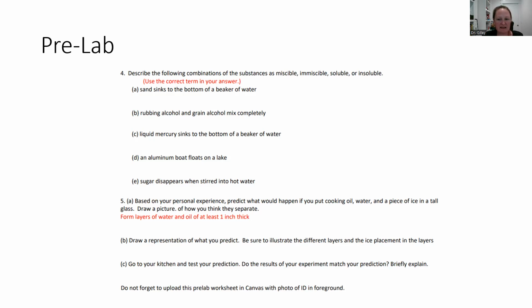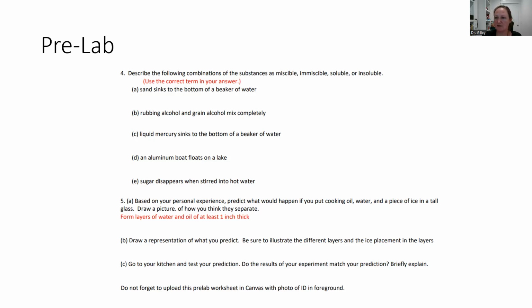Okay, and then it asks you to think about if you have cooking oil, water, and a piece of ice in a tall glass, what would that look like? So actually draw a glass. Draw the layers. So which one would be water, which one is the oil, and where would the ice go? Think about how ice behaves in a cup full of water.